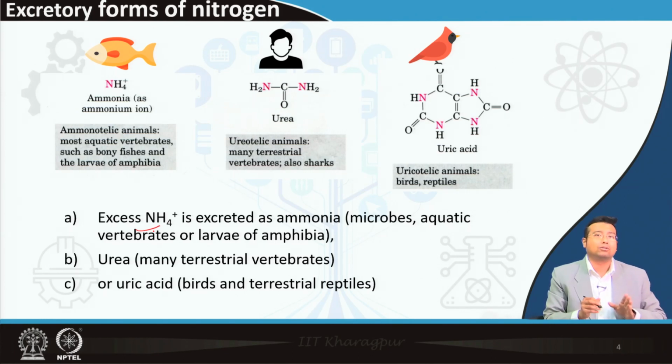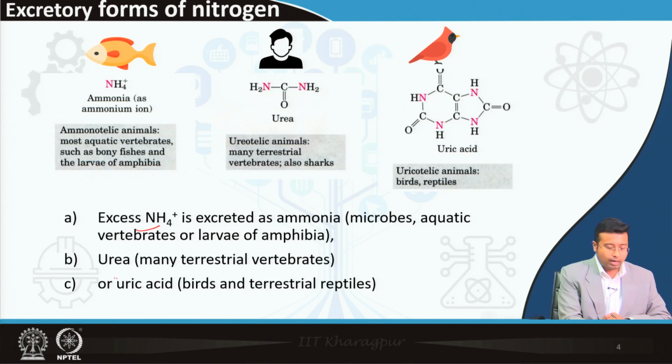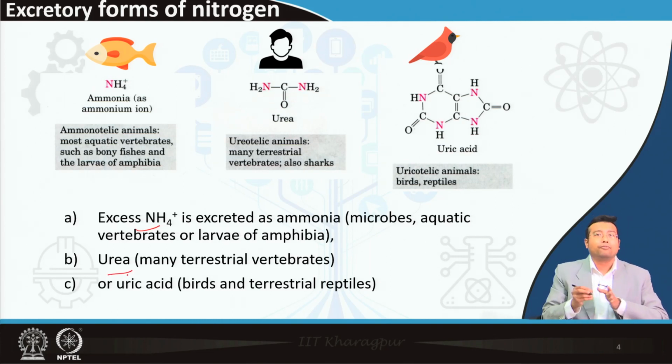So, these animals are known as ammonotelic animals. For us vertebrates and mammals, we excrete urea as a nitrogenous waste. The majority of nitrogen from proteins is excreted as urea in our case. And for birds and a few insects and reptiles, where water is very scarce in their metabolic pathway, they are uricotelic, which means they excrete uric acid. Mammals, humans, are ureotelic.